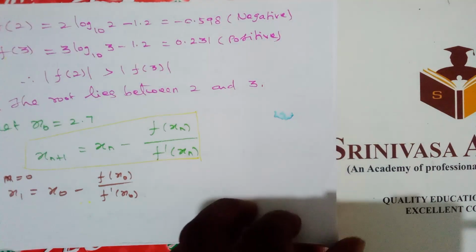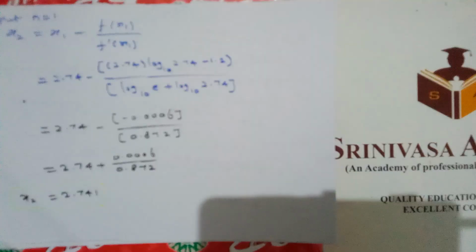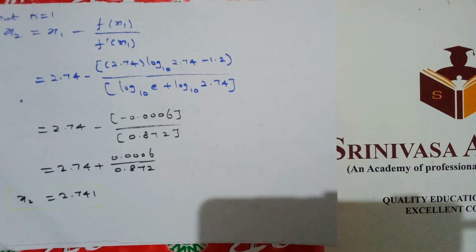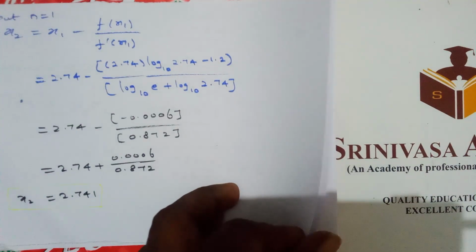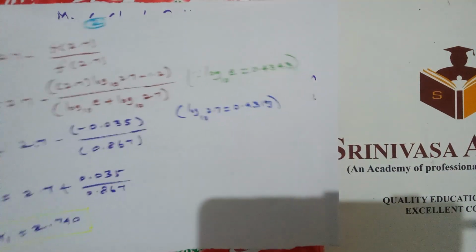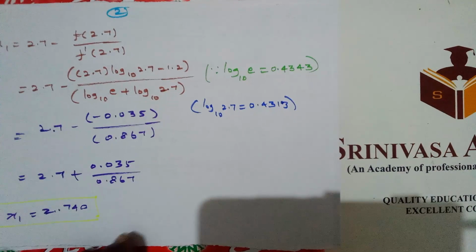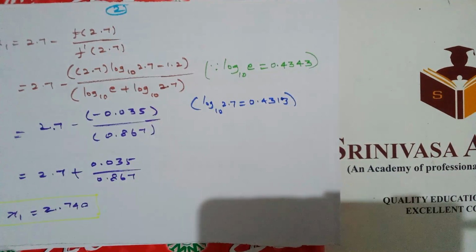So x1 is equal to 2.7 minus f of 2.7 divided by f dash of 2.7. The result will be x1 equal to 2.740.